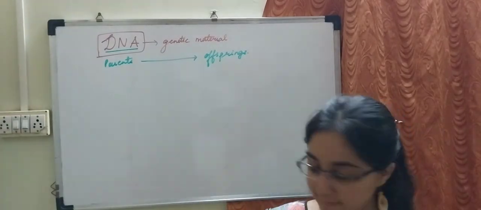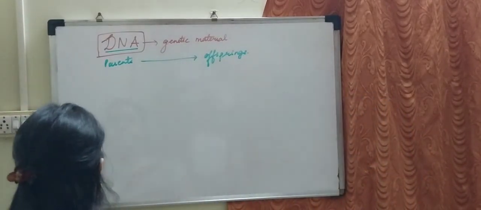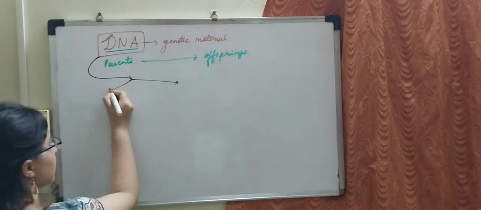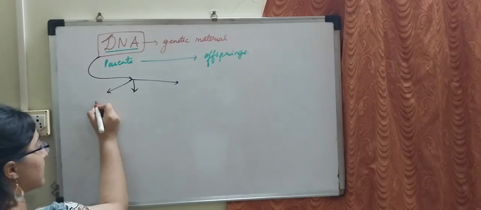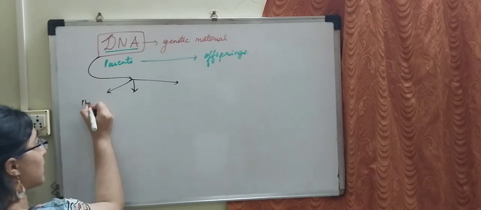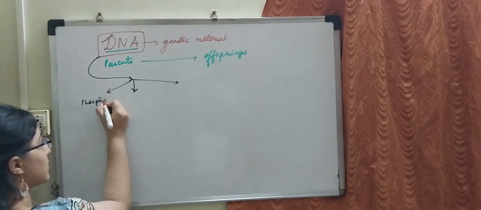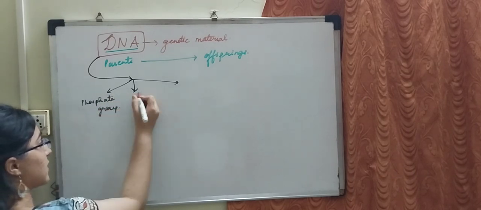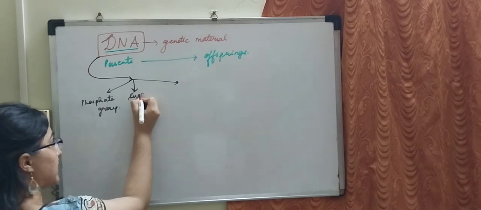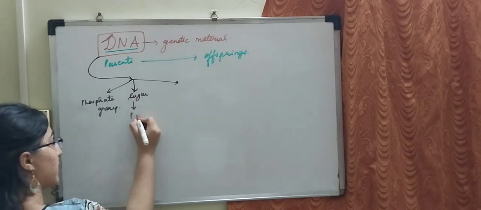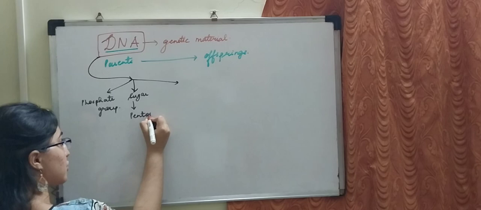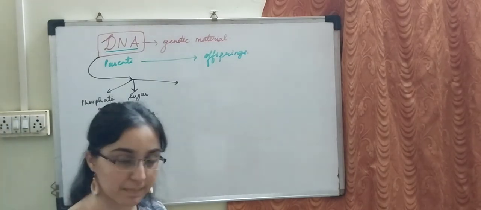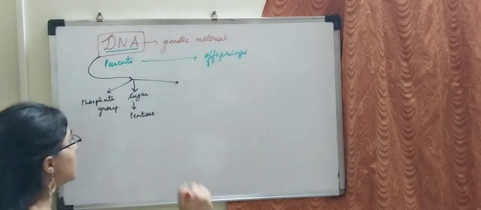So I was telling that DNA has three parts. What are those three parts? It is made up of three parts. First is the phosphate group. Second is sugar, and specifically it is pentose sugar, which means 5 carbon sugar.